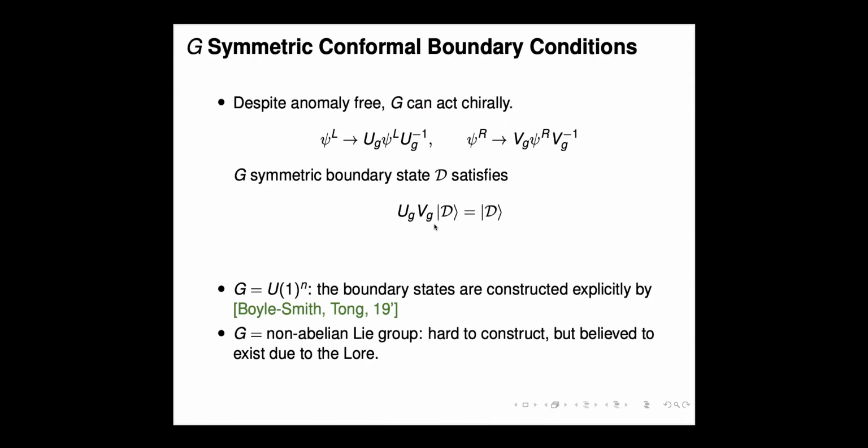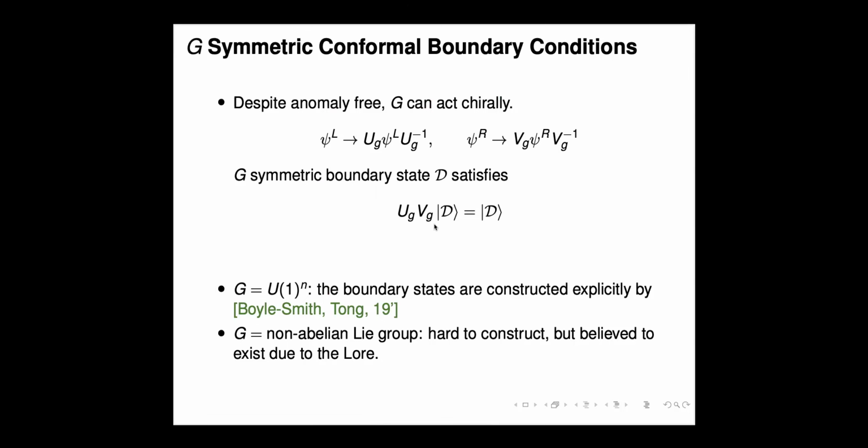If you scan through all the subgroups of it, you can find the anomaly-free symmetries and classify them. Not all of them act in the same way on the left mover and the right mover. There are many examples where the symmetries act on the left mover and the right mover in the Dirac fermion in a different way.